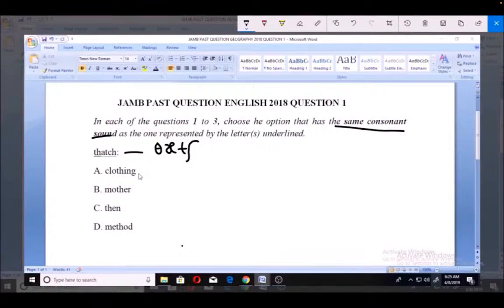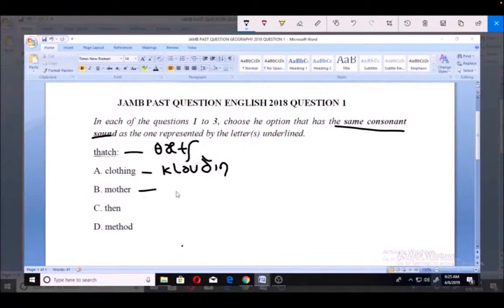Then for clothing, you have K, L, the very short U sound, then the th sound, then E sound and ng sound, making it clothing.